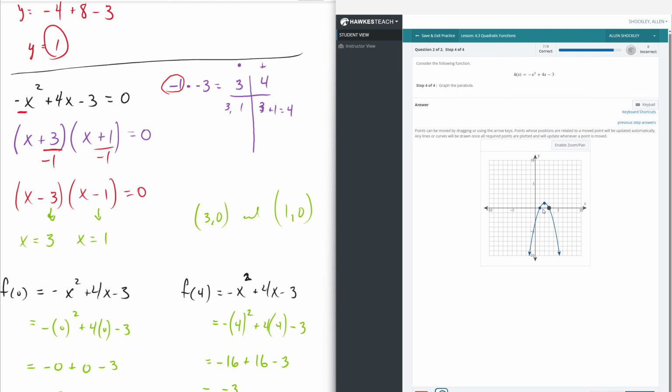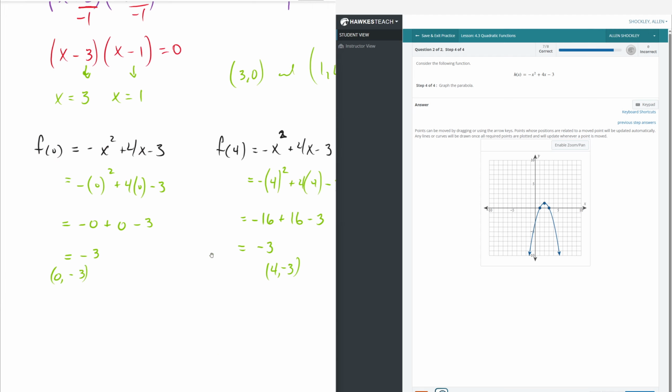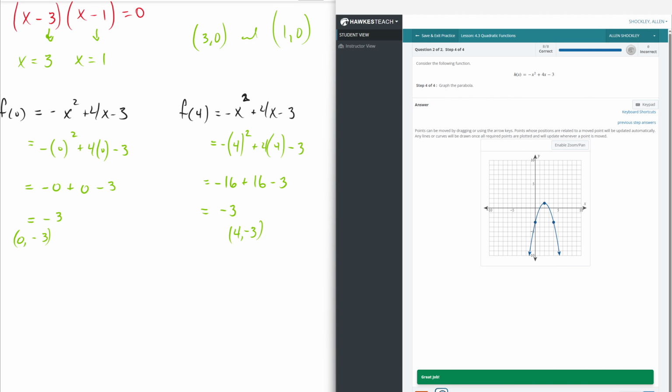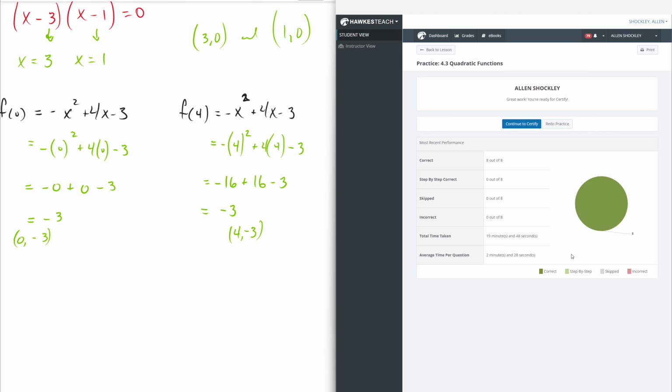So 1, 2, 3, 0. And we also had one at 1, 0, which is what we have. If you don't want to use those, you can use the ones that we found down here. So 0, negative 3. So 0, 1, 2, 3. But they mean the same thing. Submit. And that should get you everything you need.